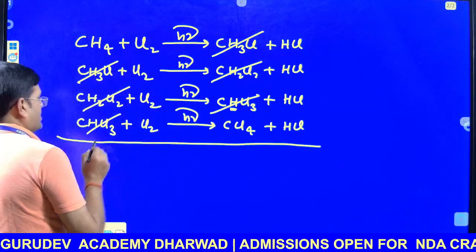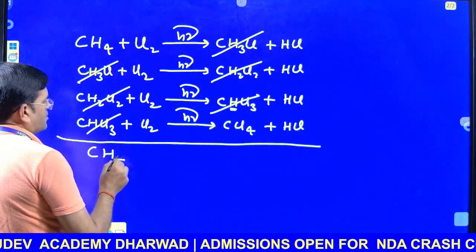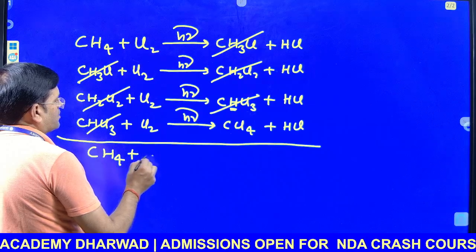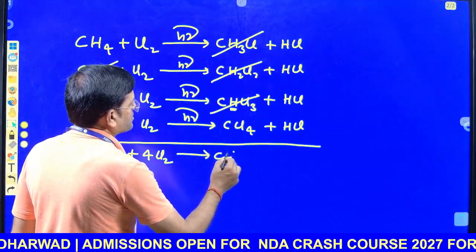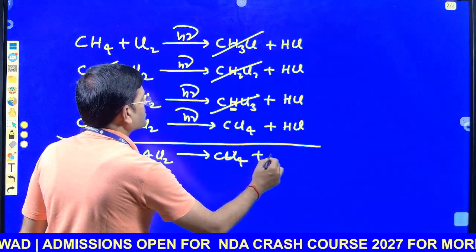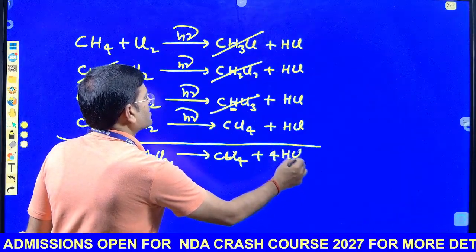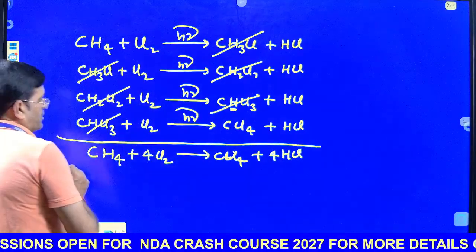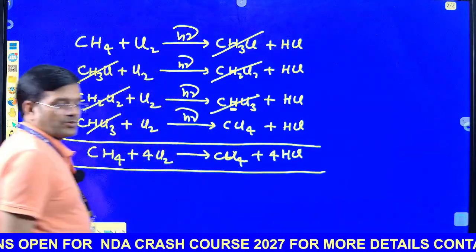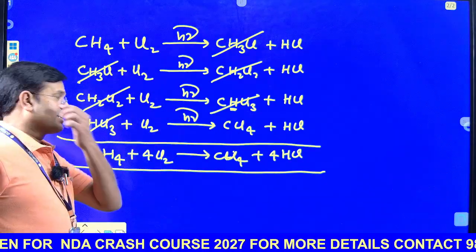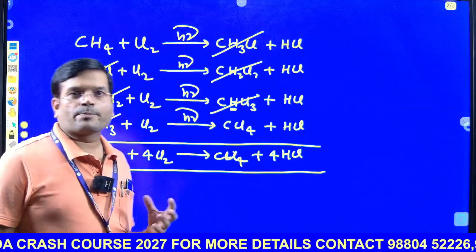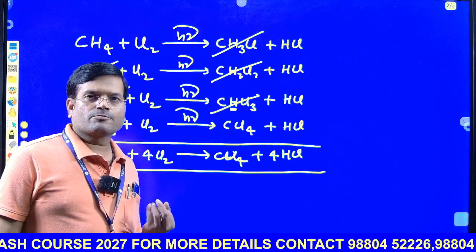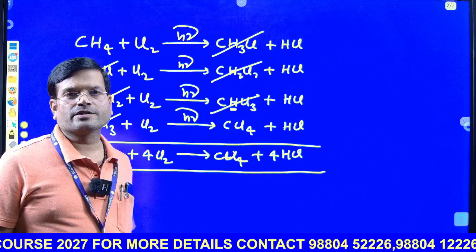So with all these being cancelled, you could see the final product as follows: 4Cl2 is going to give you CCl4 plus 4HCl. If we want to have a monochloro substituted product, then the reaction has to be stopped. For this purpose, we can use an appropriate amount of chlorine for the substitution reaction.